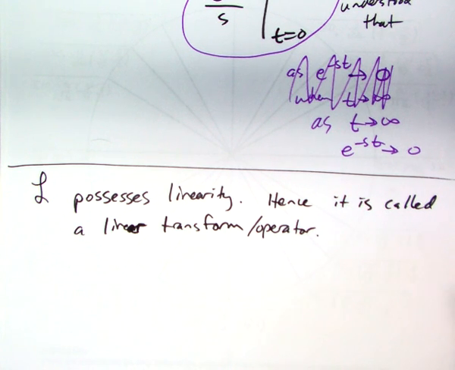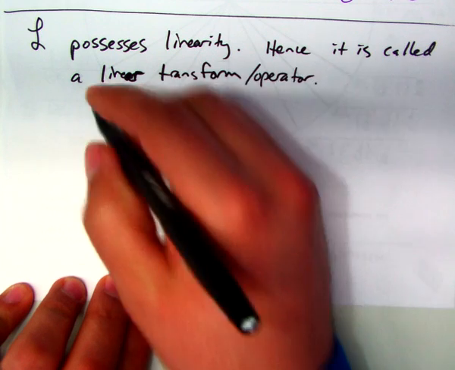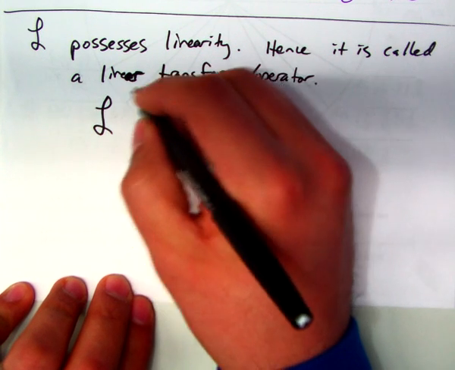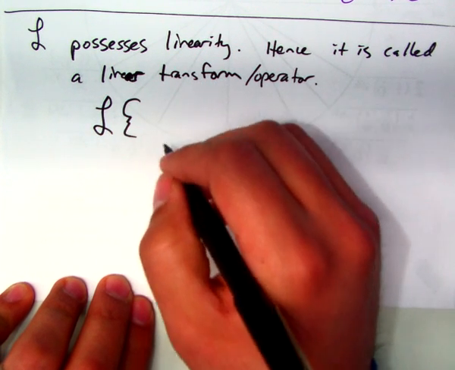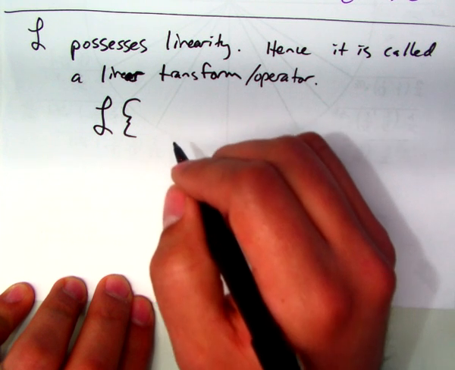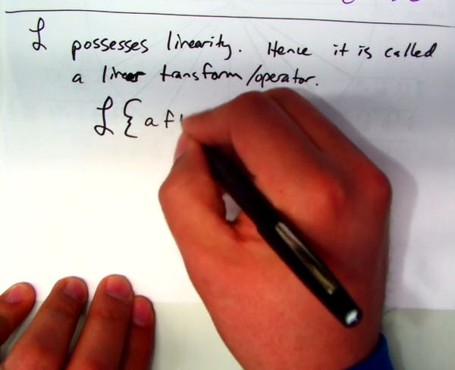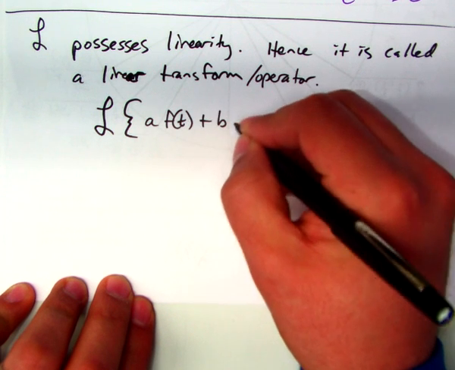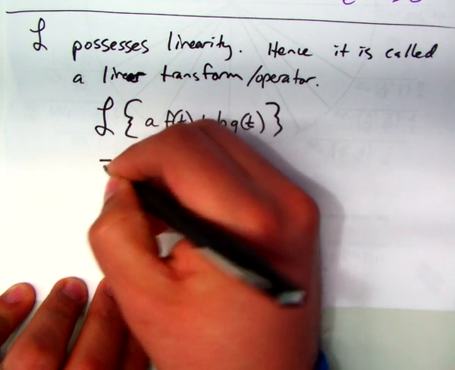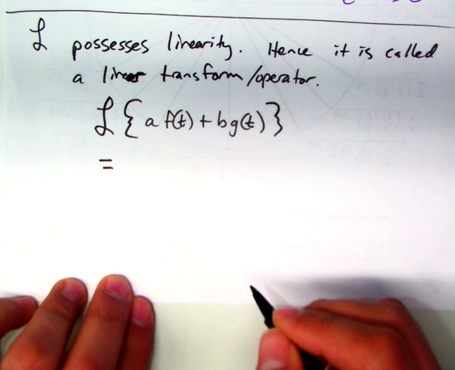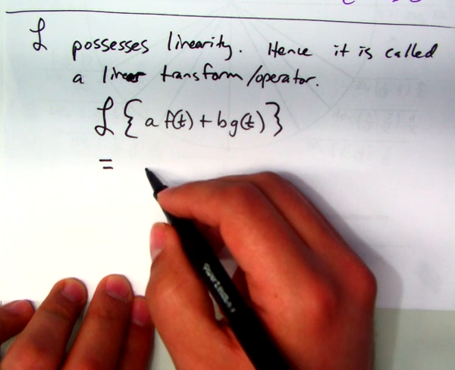So just like with d/dx and integrals, if you apply the Laplace transform to a linear combination of functions, a f of t plus b g of t, you would do exactly what you think you should do, which is to compute what?